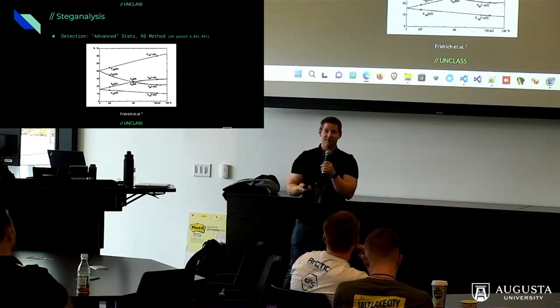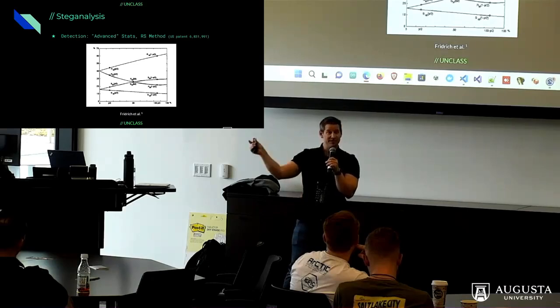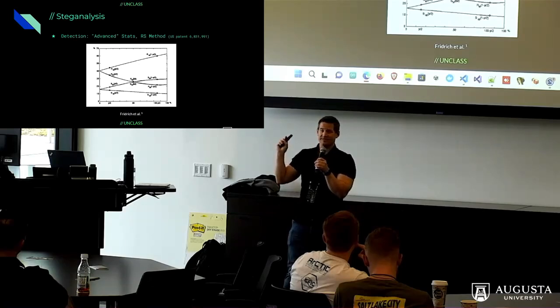And there has been proven to be a correlation between the bit planes in an image. You can leverage that correlation, as in the fairly well-known RS method. In this method, you break down an image into 4-bit sections, and each section is assigned a tag as regular, singular, or unusable. They just throw that one away.